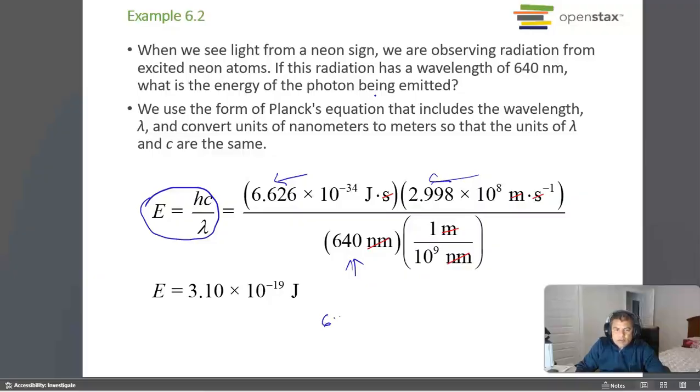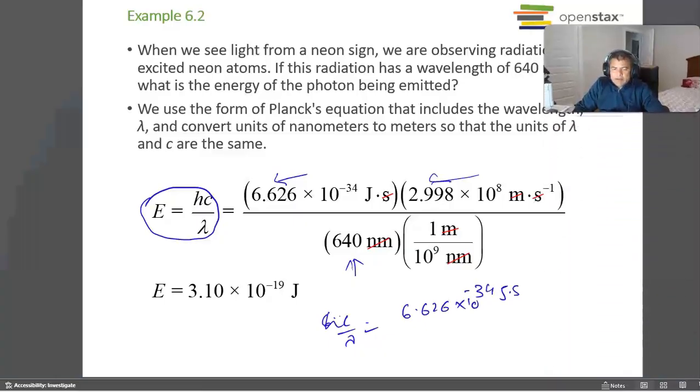So E equals hc by lambda, where h is 6.626 times 10 to the power minus 34 joule second, and c is 2.998 times 10 to the power 8 meters per second, divided by 640 nanometers.